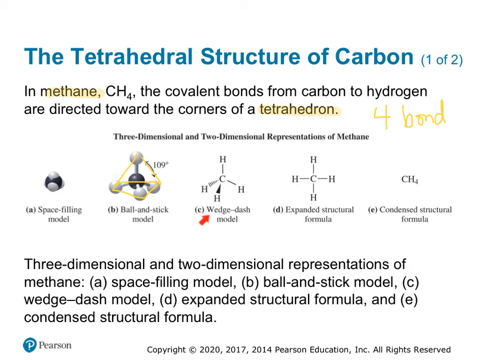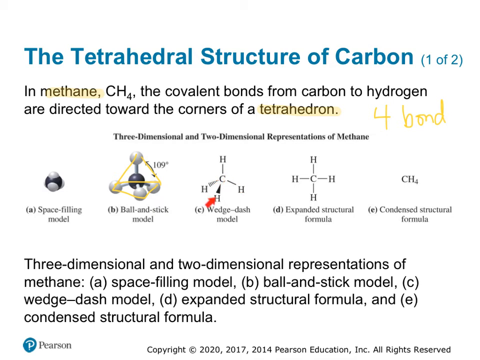The wedge and dash model attempts to draw on a flat surface a 3-dimensional shape. The wedge shows that this hydrogen is coming toward you, and this dash shows that this hydrogen is going away from you behind the paper, and these 2 hydrogens are in the plane of the paper.